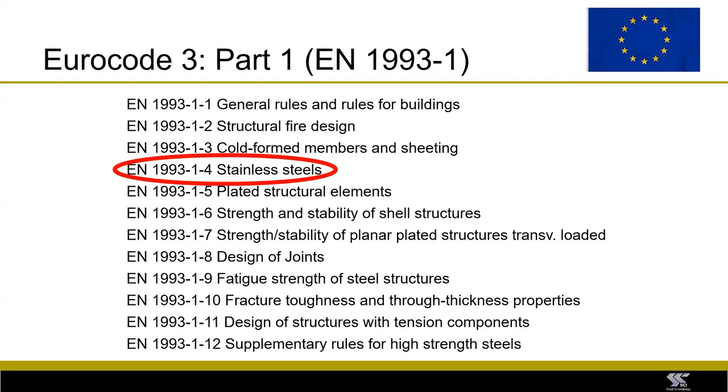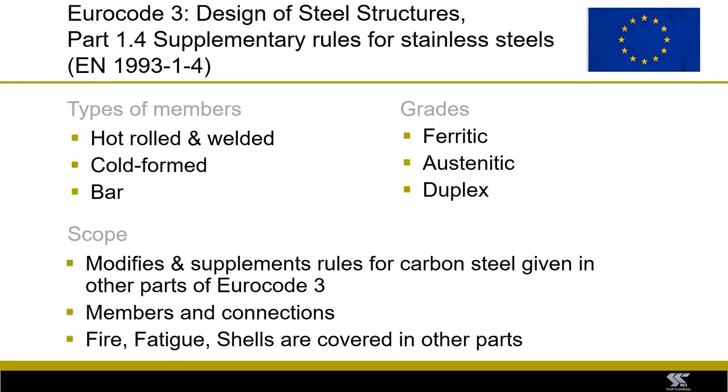Part 1.4 is in the Eurocode 3 ecosystem, and there are many parts of Eurocode 3, design of steel structures. In fact, there are more than 12 because we've got new ones now for beams with holes in the webs and for design by finite element analysis. But let's just zoom in on 1.4.